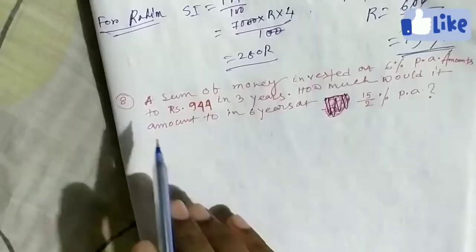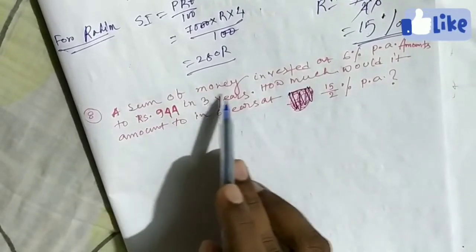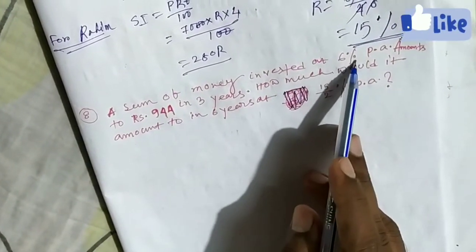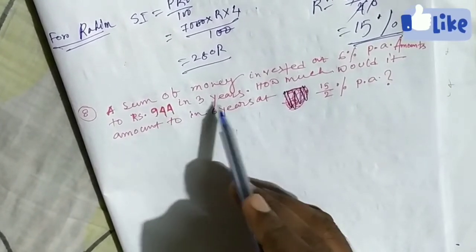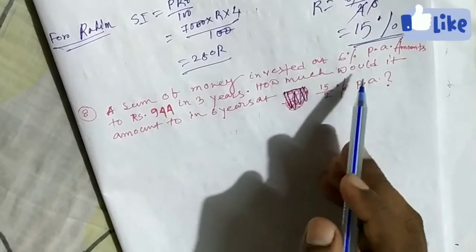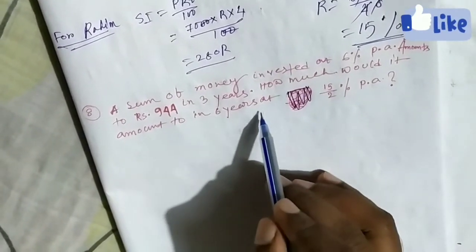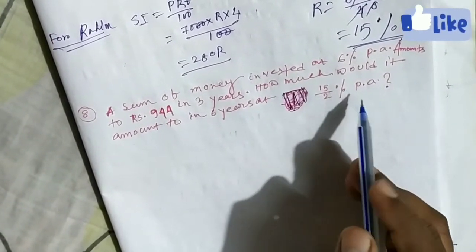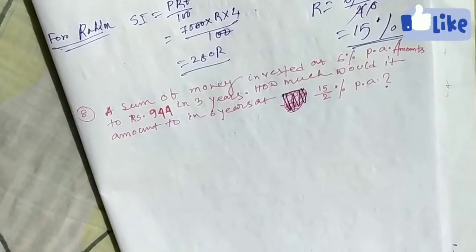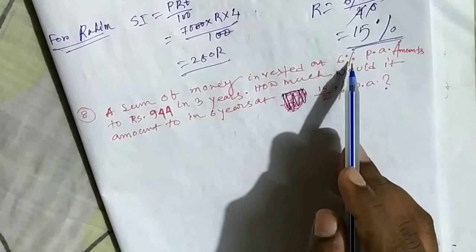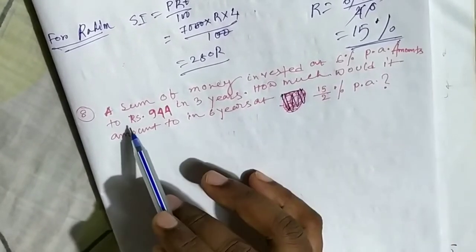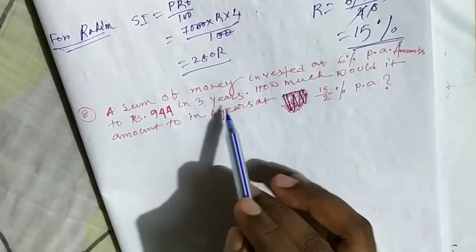This is the answer. A sum of money invested at 6% per annum amounts to rupees 944 in 3 years.